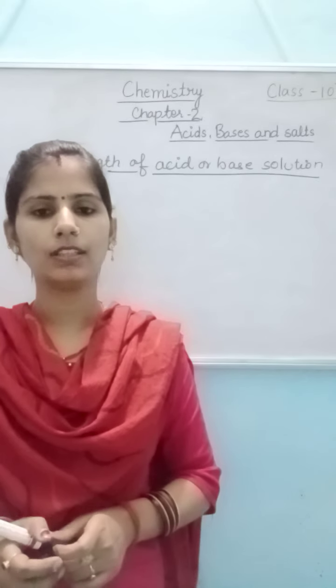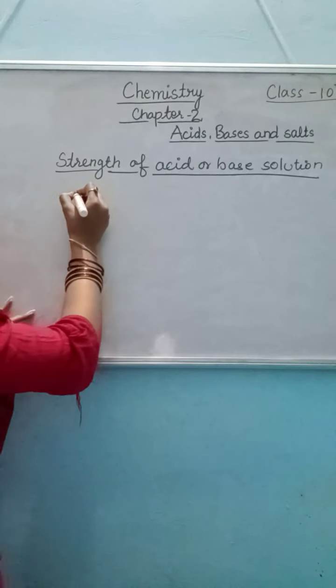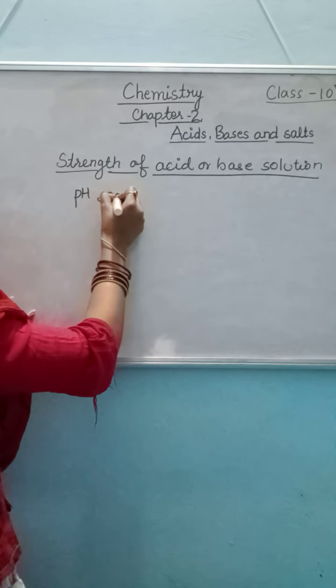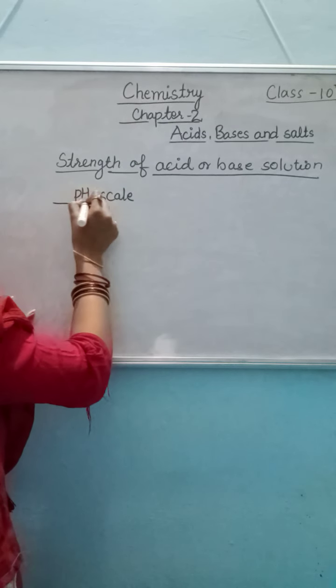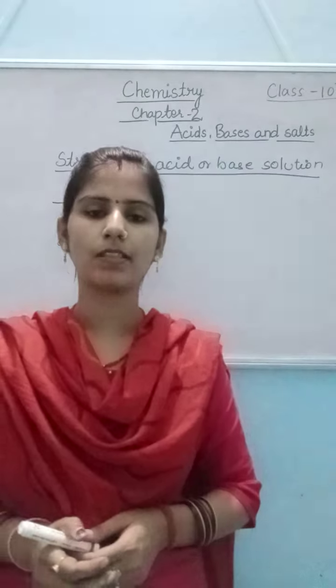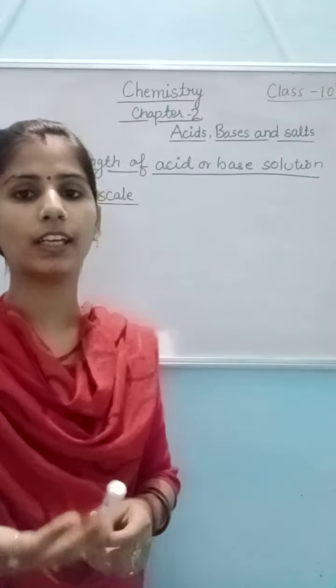We can measure the strength of an acid or base with the help of the pH scale. With the help of the pH scale, we can measure the strength of any acid or any base in quantitative form.